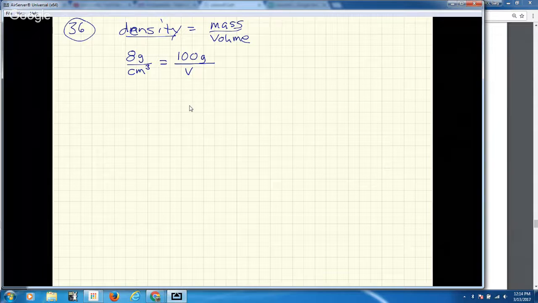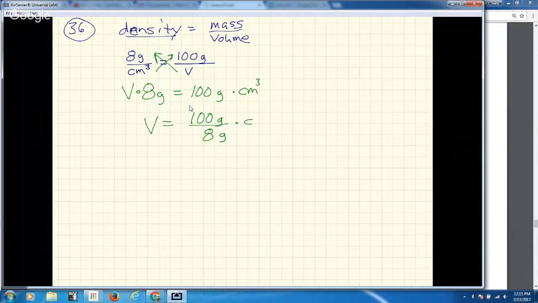So here we could consider a little cross multiplying and dividing. So we're going to get V times 8 grams is equal to 100 grams times centimeters cubed. And then we want to get the volume alone, so we'll divide the 8 grams over. So volume in this case is 100 grams divided by 8 grams times centimeter cubed.